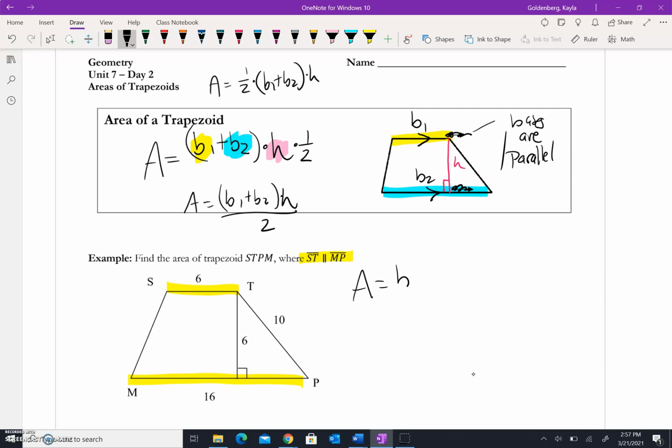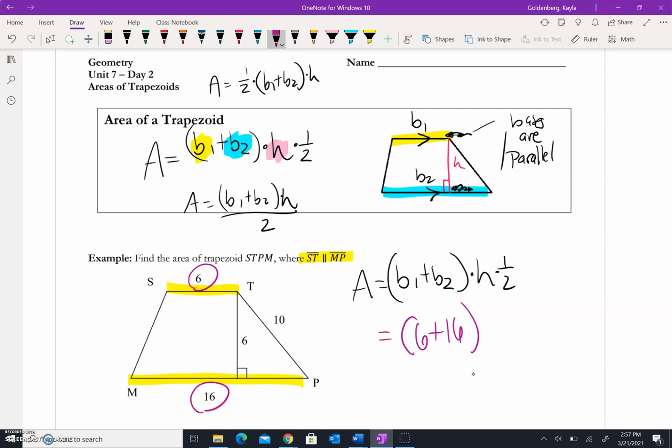So I'm going to write out my formula: base 1 plus base 2, times height, times 1/2, all three of those multiplied together. And I'm going to color code. My two bases, I'm going to circle them in purple. So that's a 16 plus a 6.